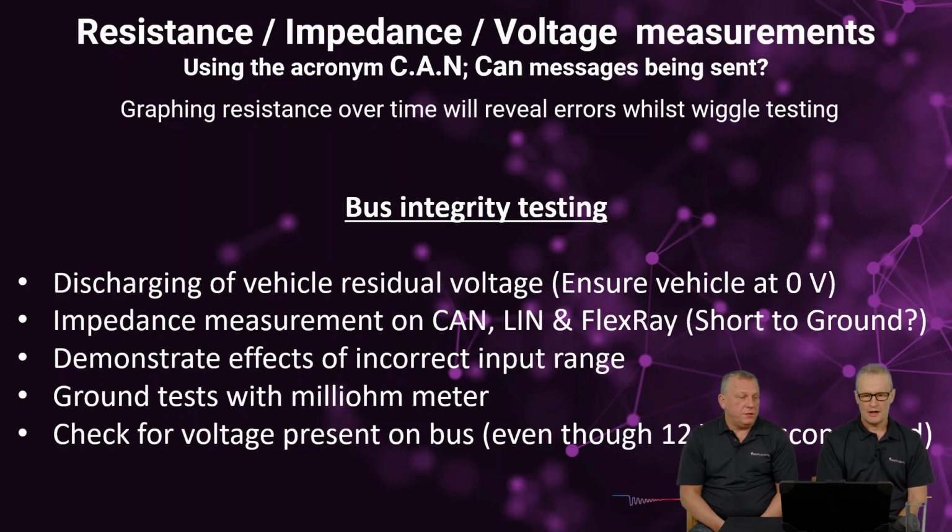It's interesting you talk about the milliohm meter. There are other techniques you can use with the milliohm meter when you're looking at CAN bus, which we'll discuss if we don't actually demonstrate them during the video.